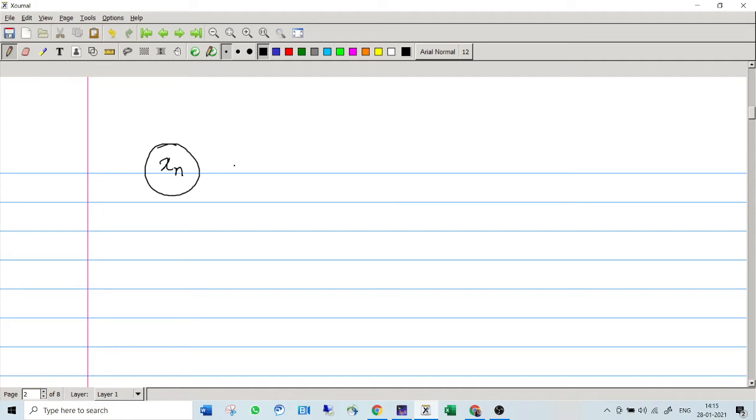This xn is called the term of the sequence, and this n is called the index, right? The subscript n is called the index and xn is called the term of the sequence. Which term? The nth term. That is, it falls at the nth place in the sequence.